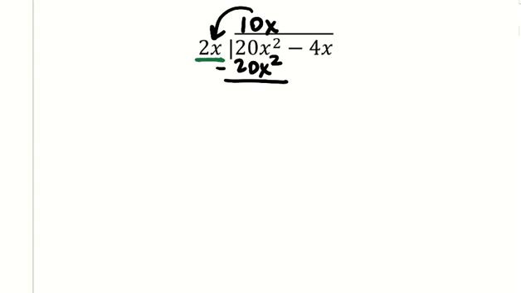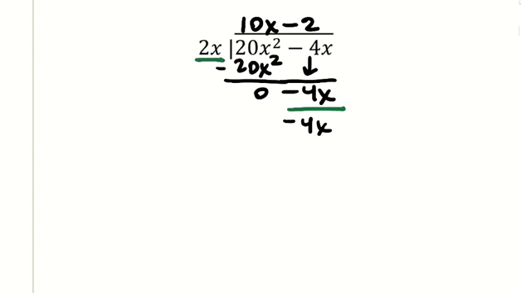And then we subtract, and you get 0. And you bring down the negative 4x. And then you move the target, saying, what do I multiply 2x by to get negative 4x? You would multiply it by a negative 2. And you take the negative 2 and multiply it by the 2x, and you get a negative 4x.